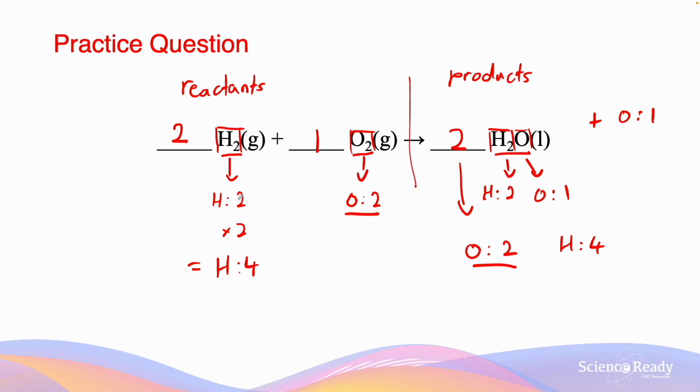So, counting, we have 2 oxygen atoms and 4 hydrogen atoms on the left-hand side, and 2 oxygen atoms and 4 hydrogen atoms on the right-hand side. So by adding the coefficients 2, 1, and 2, we now have a balanced equation which has the same number of atoms on the left and the right-hand side of the equation.